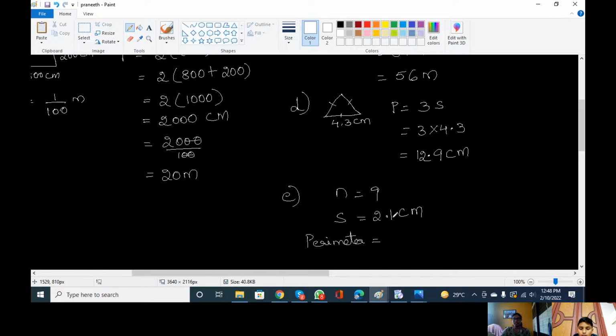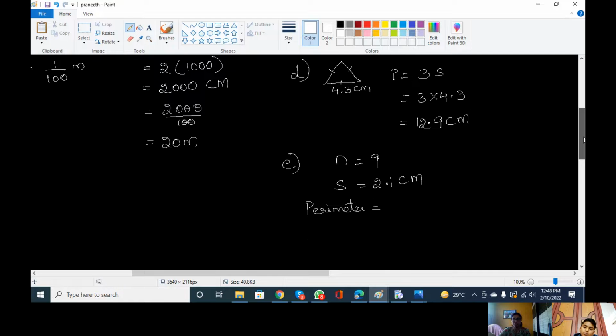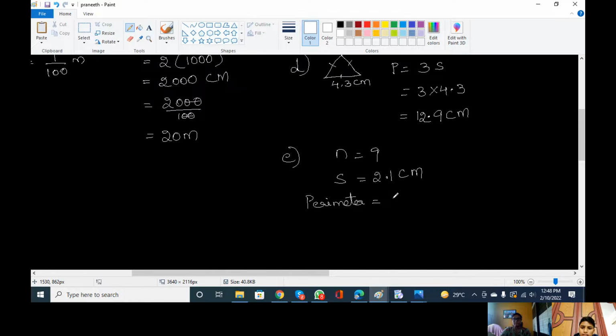If the number of sides is 9, then what is the formula for a nonagon? 9s. Yes, 9s. Regular polygon means all the sides are the same. So 9 times 2.1. 9 ones are 9, 9 twos are 18. And a point is placed after one decimal place. So leave one decimal place and put a point here. So centimeters.